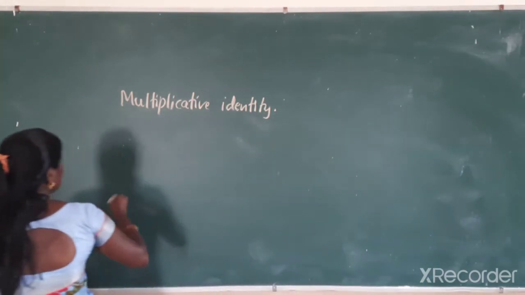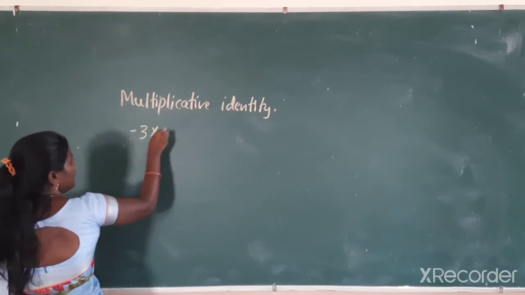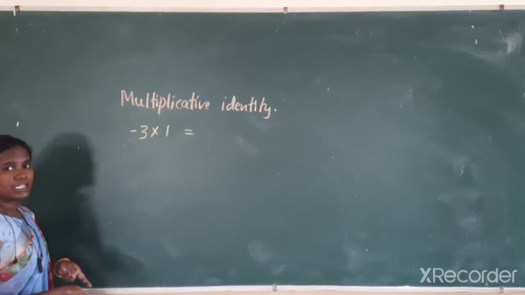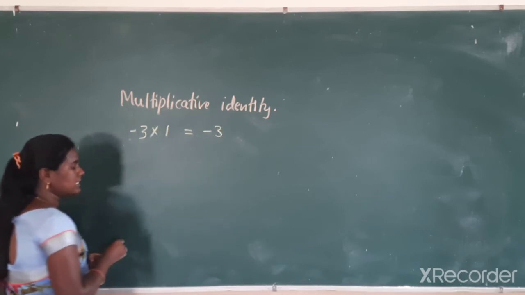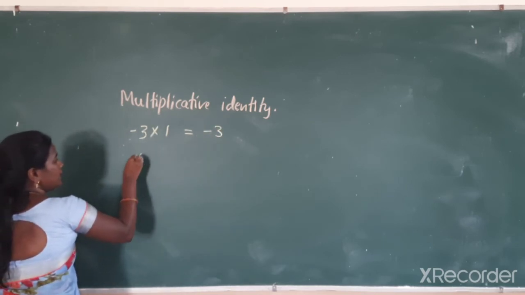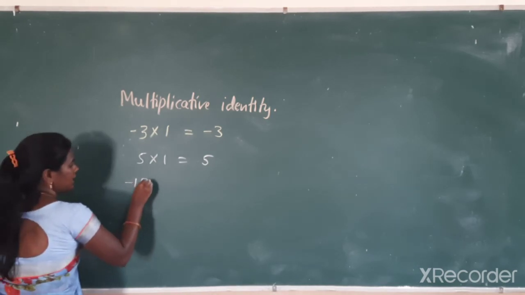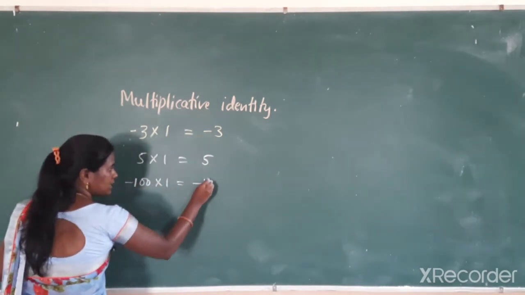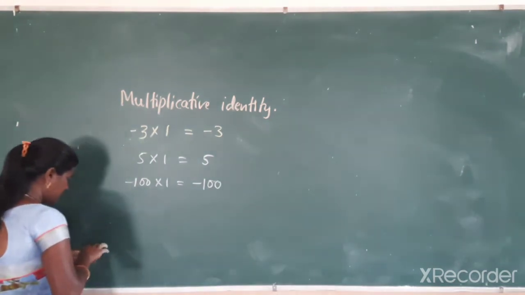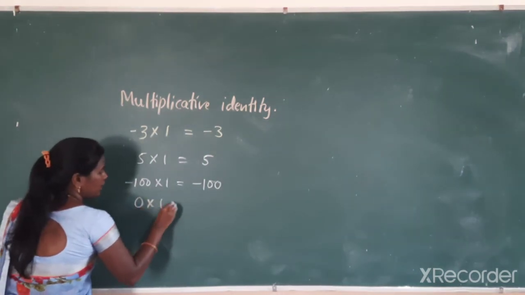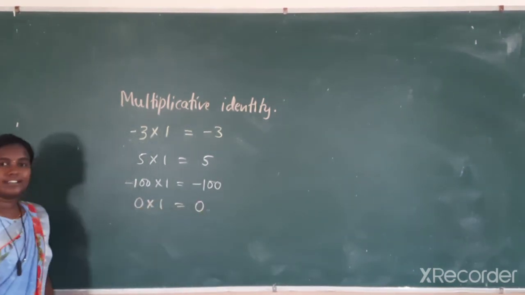Now let us take some integers. Minus 3 into 1, which is minus 3. 5 into 1 is 5. If I am taking minus 100 into 1, of course it is minus 100. If you are taking 0 into 1, the product is again 0.